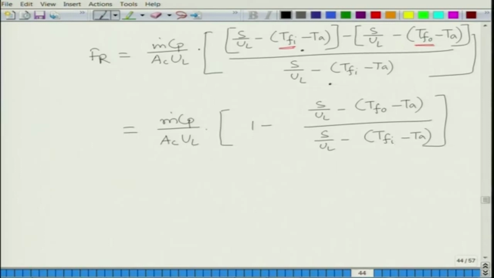Now, we will use the expression that we derived in the last class.